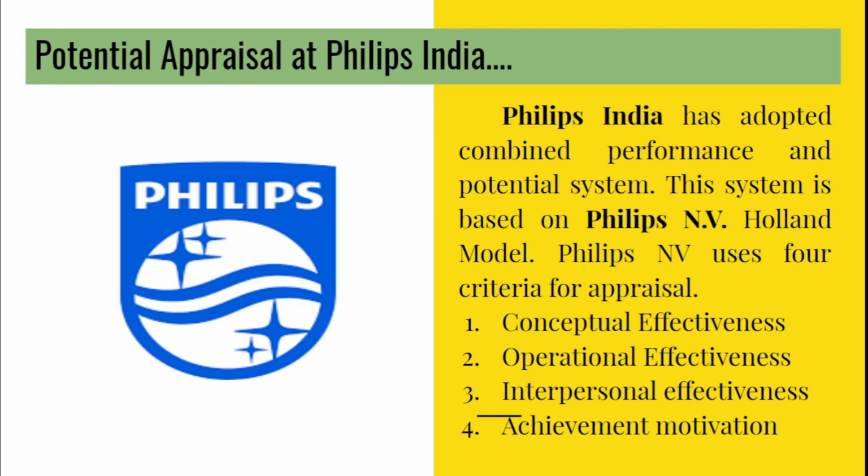Once the employee is rated on the 5-point scale for these four characteristics, the final grading is given to the employee by the management development review team. Let me repeat, the final grading is given to the employee by the management development review team.